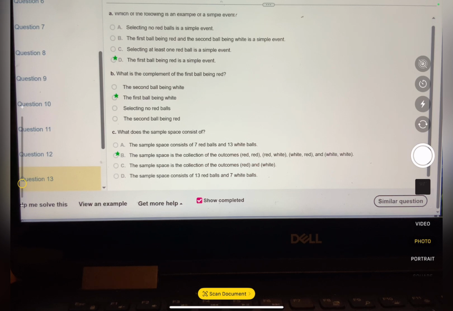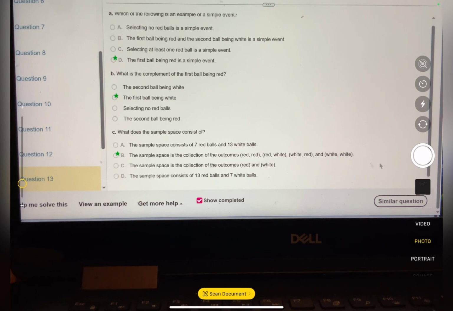What does the sample space consist of? Sample space consists of all possible outcomes. So let's see. Here we have 13 red and 7 white balls. So this long one is definitely going to be the answer, because look here, it can be red and red, red and white, white and red, and white and white, right?